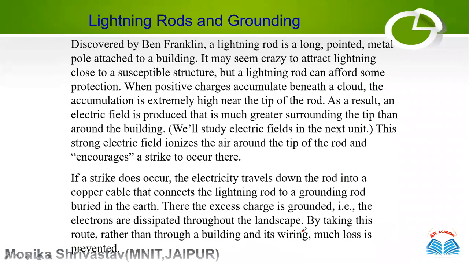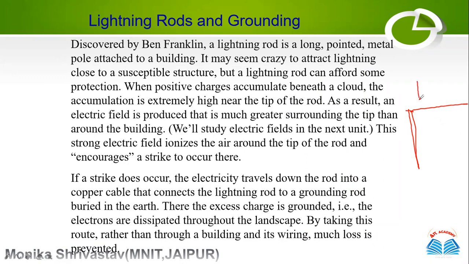Yes. Scientists have prepared lightning rods, and those rods are grounded through a copper wire. So how does it happen in big cities? There are some high-rise buildings having more than 100 to 200 floors.